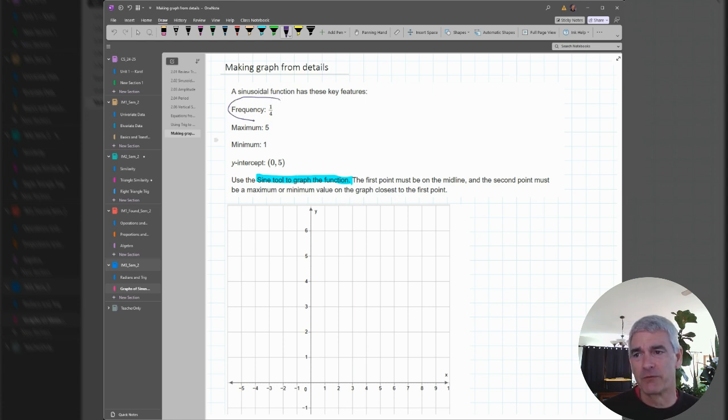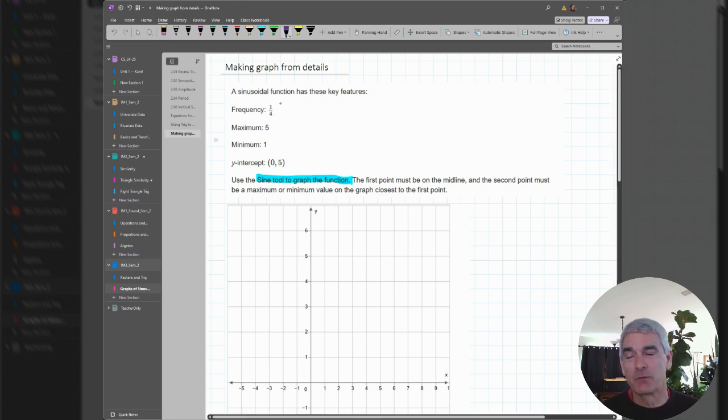The frequency is 1/4. So that means it completes a quarter of a cycle in 1 unit. It's kind of a little confusing. It's really the number of cycles per unit that it can complete.